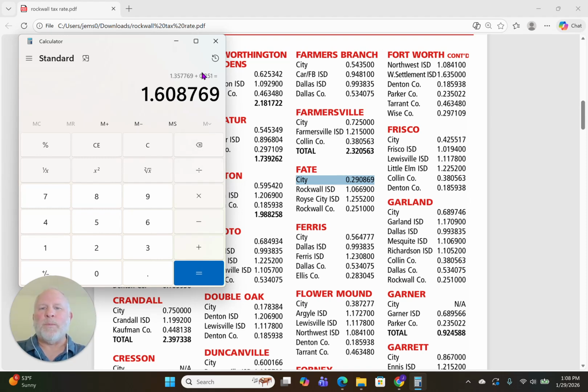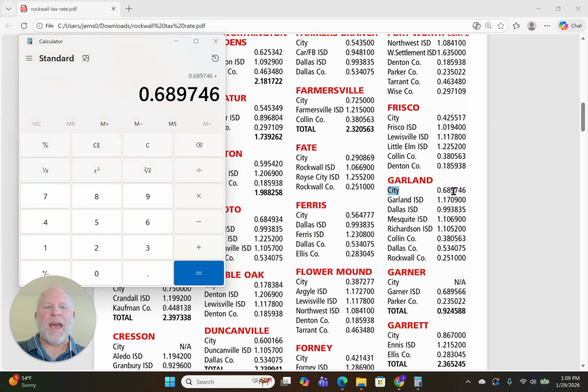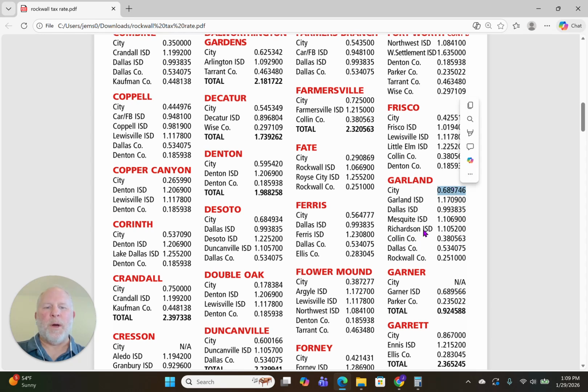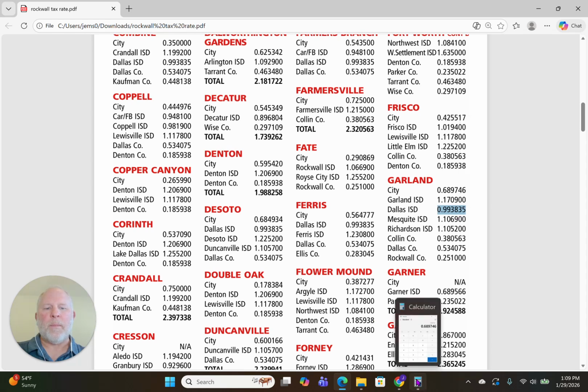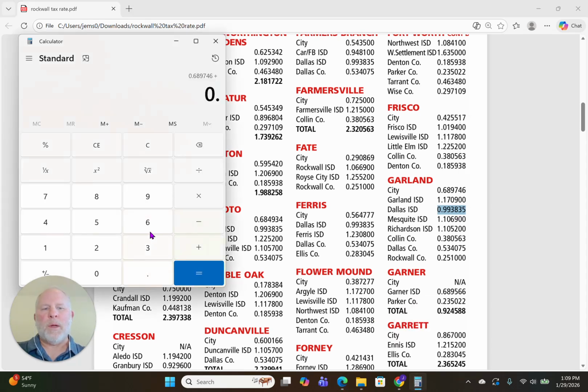Let's look at one more example. For this next one, we'll look at Garland. You can see there's a bunch of ISDs and counties. In our scenario, we're going to say that it's in the city of Garland, in Garland ISD, and in Dallas County. The way that calculation is going to look is we'll take the city, 0.689, and then we'll add in 0.993835.